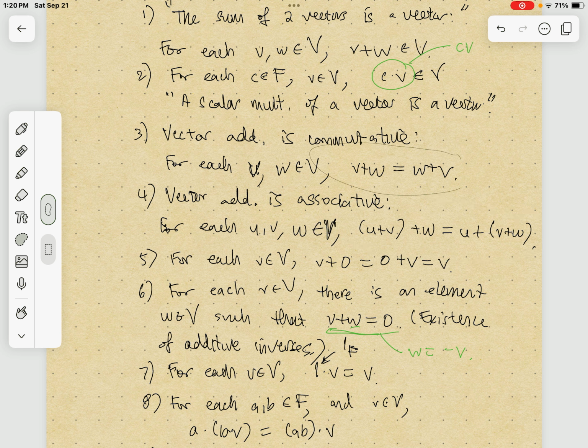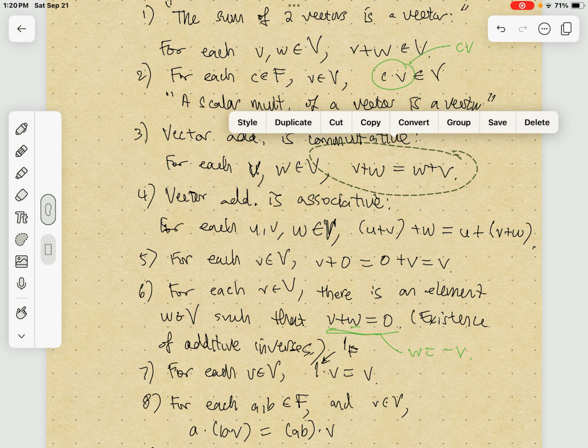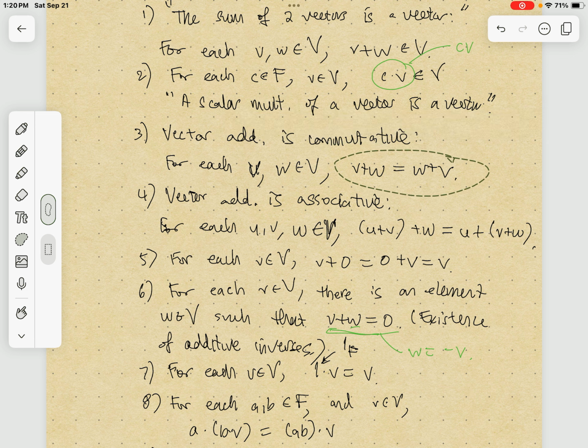What about property 3? That vector addition is commutative. Well, again, we also don't need to check that either, because if you have two vectors in S, they're elements of Fn, and we know that elements of Fn commute.